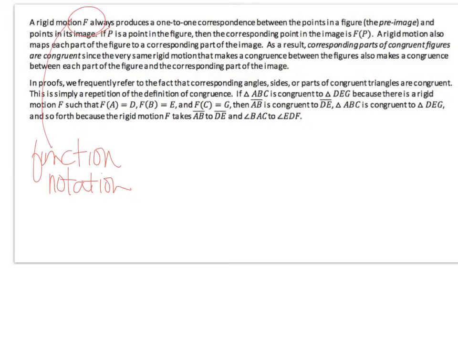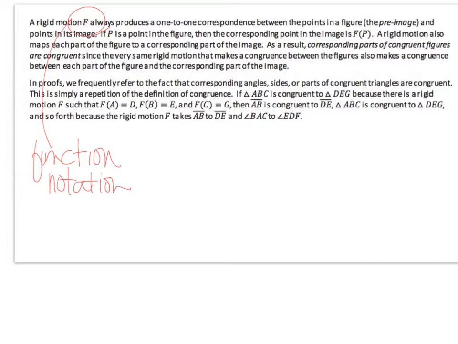So I'm going to repeat that. A rigid motion F always produces a one-to-one correspondence between the points in a figure, the pre-image, and points in its image. If P is a point in the figure, then the corresponding point in the image is F of P.